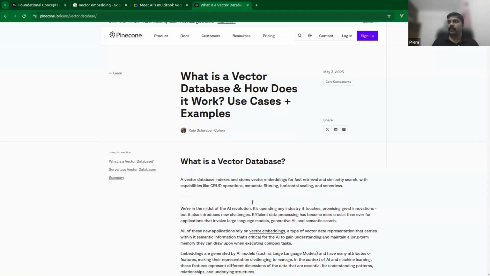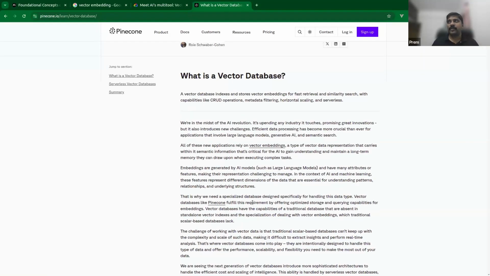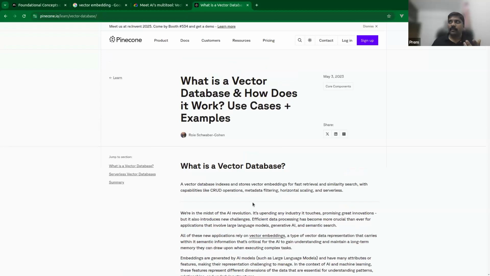Pinecone is the place. I'm saying this because it provides free versions also, startup versions also, where if you want to experiment without spending too much time on managing these things, you can go to Pinecone, create your own account, create your own indexes, and experiment with it. That will be helpful.